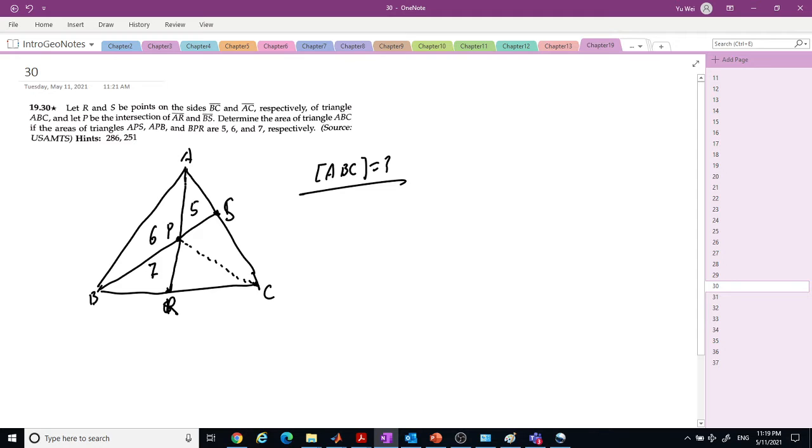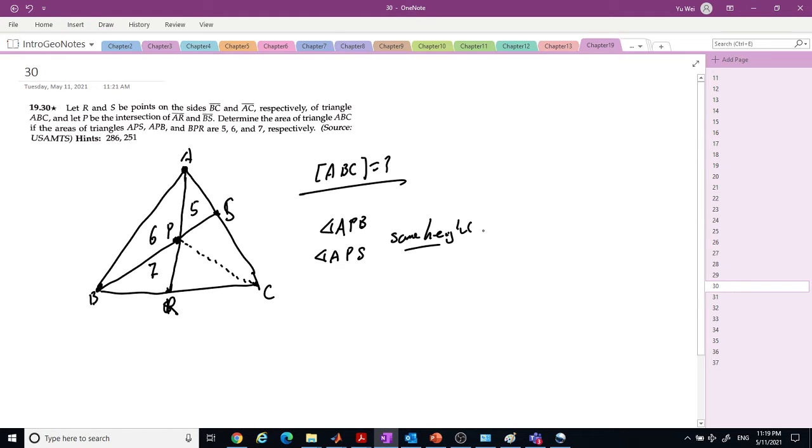So see, because APB and APS have the same height, right?